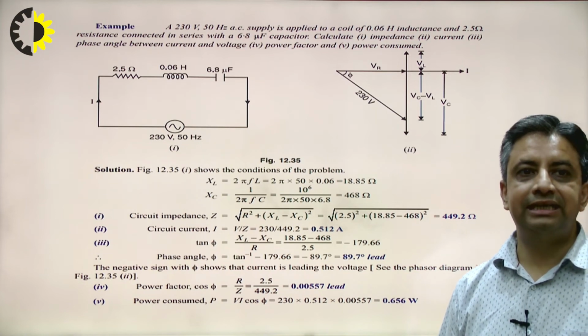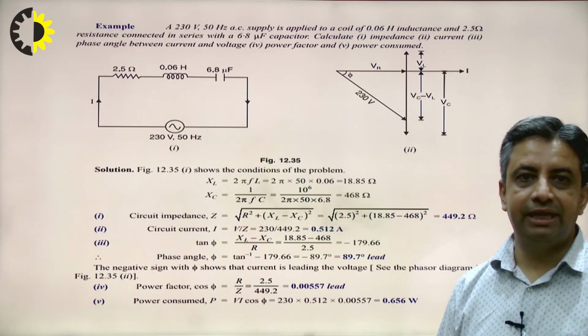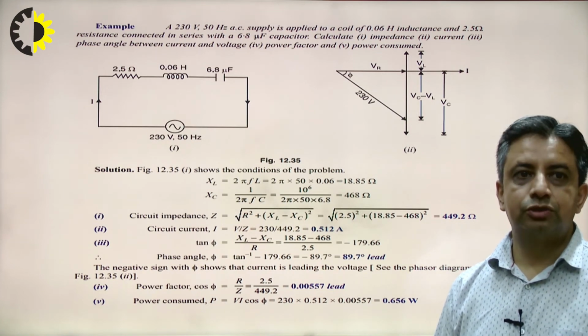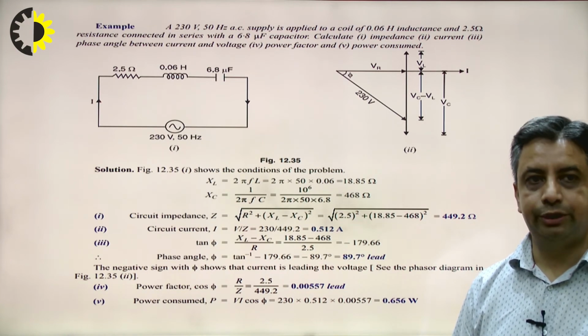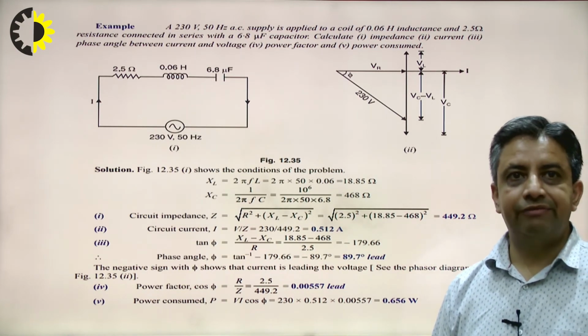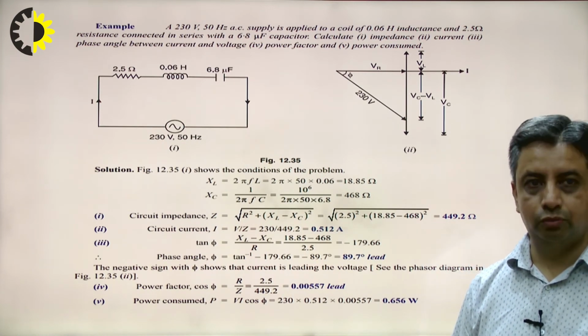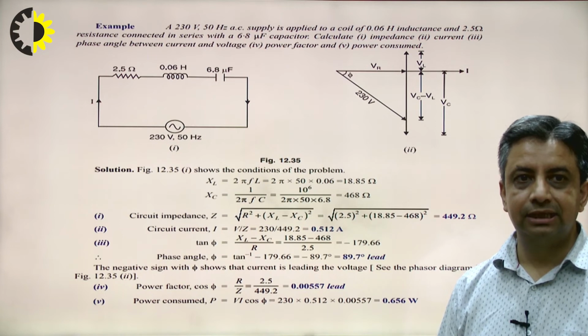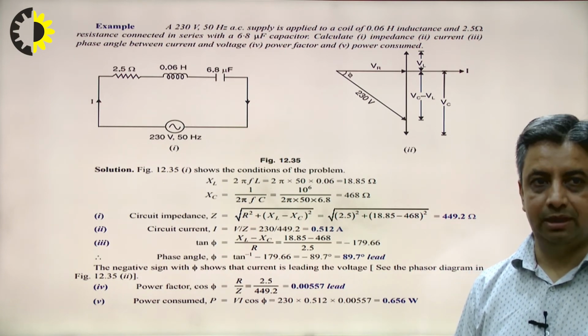As you can see here, XC is greater than XL, so the circuit will behave as a capacitive circuit. The net impedance of the circuit comes out to be equal to 449.2 ohm. Now, the second part, the current. Current will be equal to voltage divided by the impedance, so it comes out to be equal to 0.512 ampere.